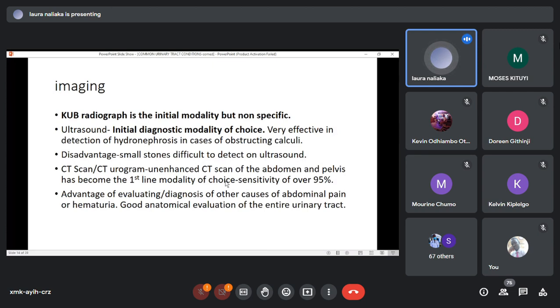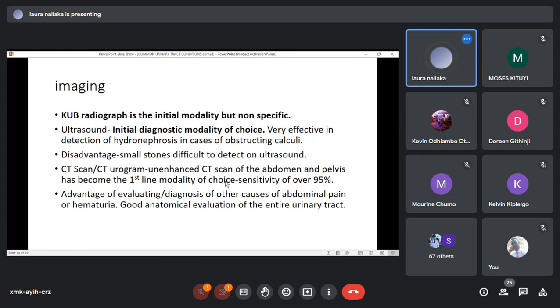Disadvantage of ultrasound is that small stones are difficult to detect, especially if they are around the pelvis, and the pelvis is close to the renal sinus, which is very bright. Calculi are also bright on ultrasound, so you might miss the stone if it is very small because of the similarity in the echogenicity of the calculi and the fat around the renal sinus.